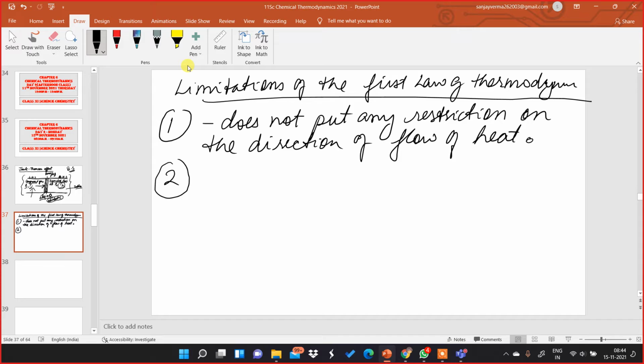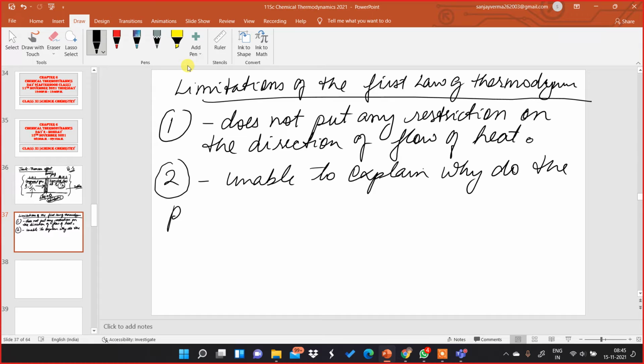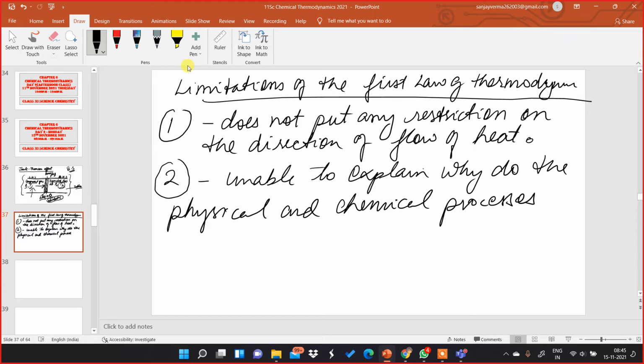The second limitation is that this first law is unable to explain why the physical and chemical processes occur in a natural direction.